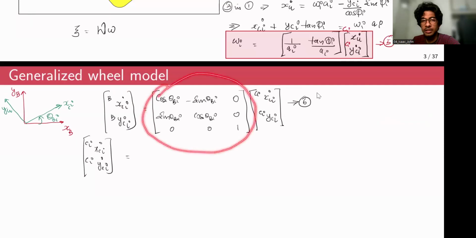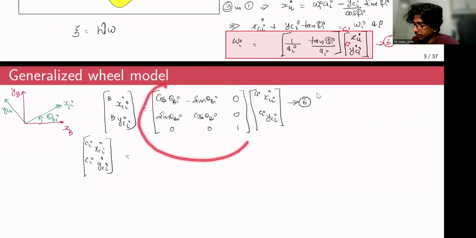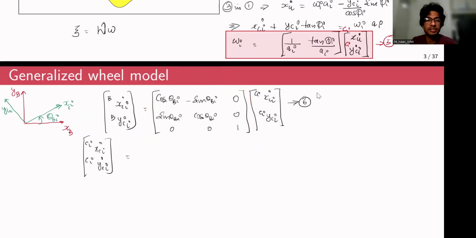This is a rotation matrix. So what would be the inverse of this rotation matrix? It would be its transpose, right? Because this is an orthonormal matrix. So the inverse of an orthonormal matrix is just its transpose. So if I take the transpose of this rotation matrix, it will look like cos theta bi, sin theta bi. Sorry, I think it does not have to be a 3 by 3 matrix. It only needs to be a 2 by 2 matrix, like so.